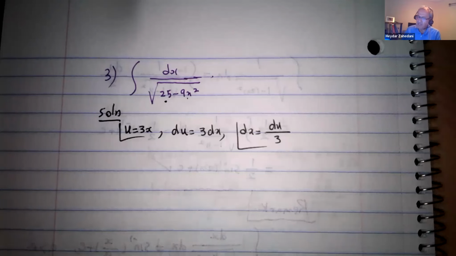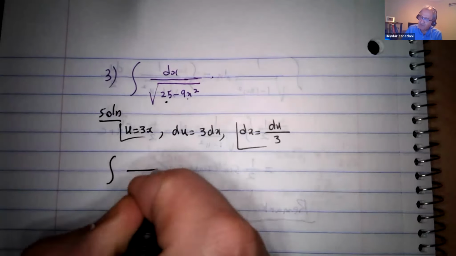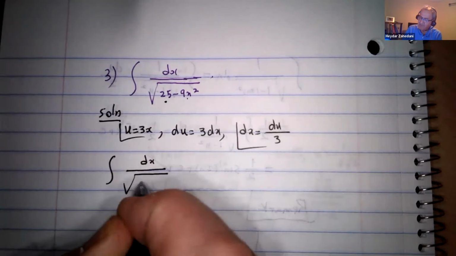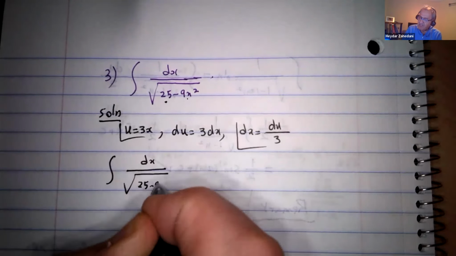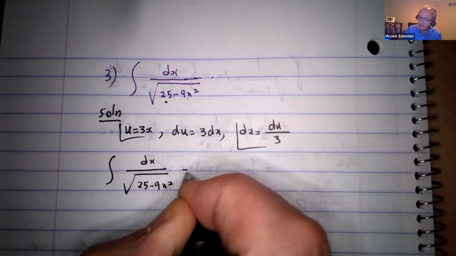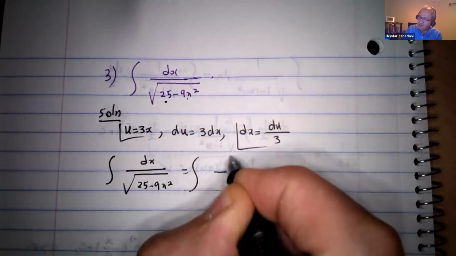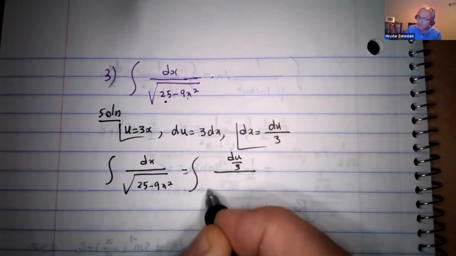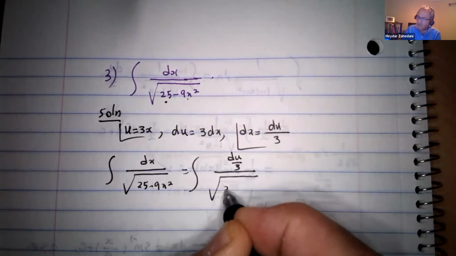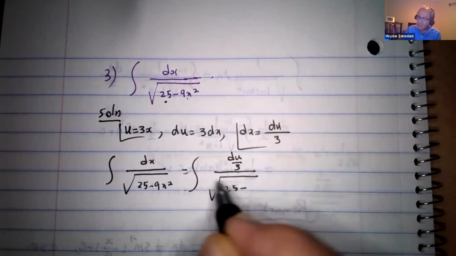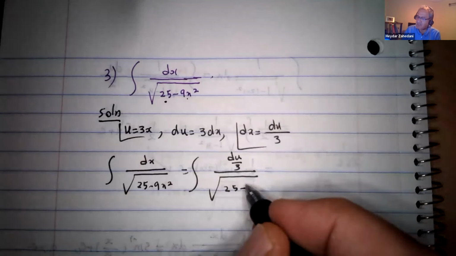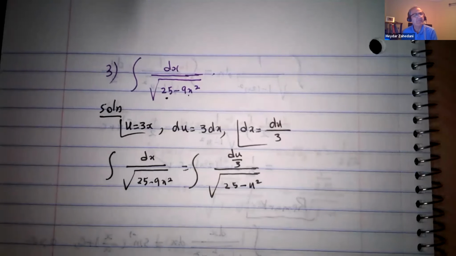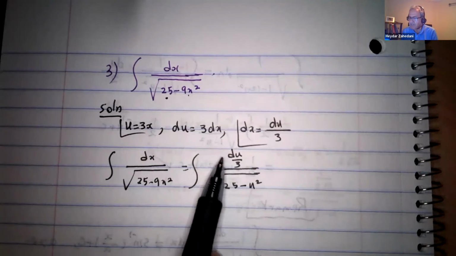Okay, so go back, change it. So this is going to be dx over the square root of 25 minus 9x squared. So your dx is going to be du over 3, and the square root of 25 minus, now it's going to be minus u squared. See? There is nothing to simplify, but a 1/3.